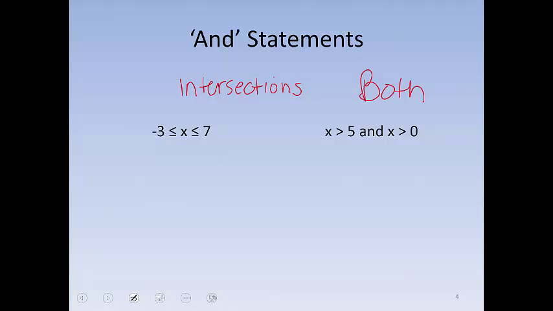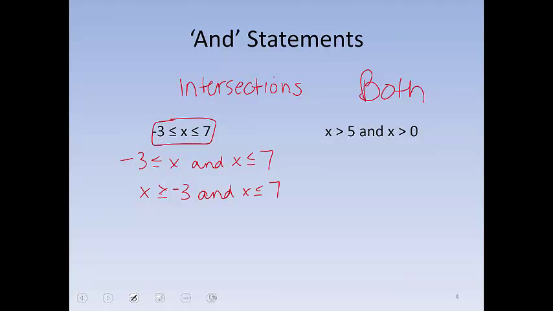Well, let's look at this particular one, which I call a between statement because x is between the two values. But I'm going to break it apart. And I'm going to say, well, this says -3 is less than or equal to x, and x is less than or equal to 7. I'm going to rewrite it again. I'm going to flip this entire first piece around and say x has to be greater than or equal to -3, and x must be less than or equal to 7.